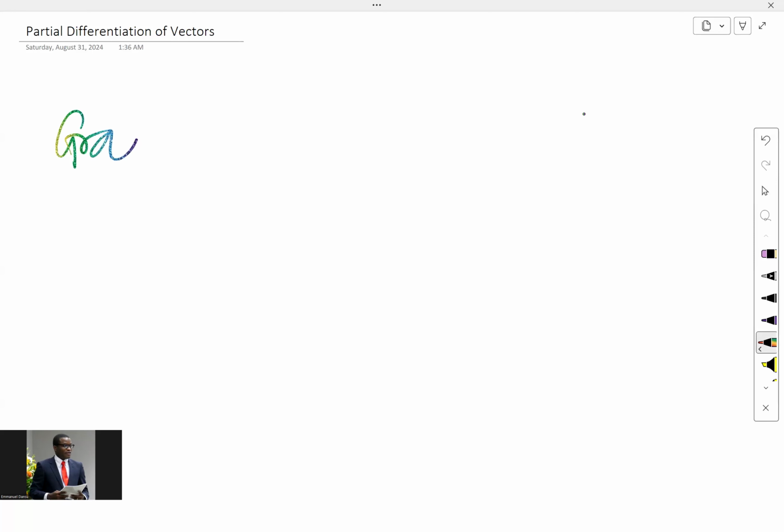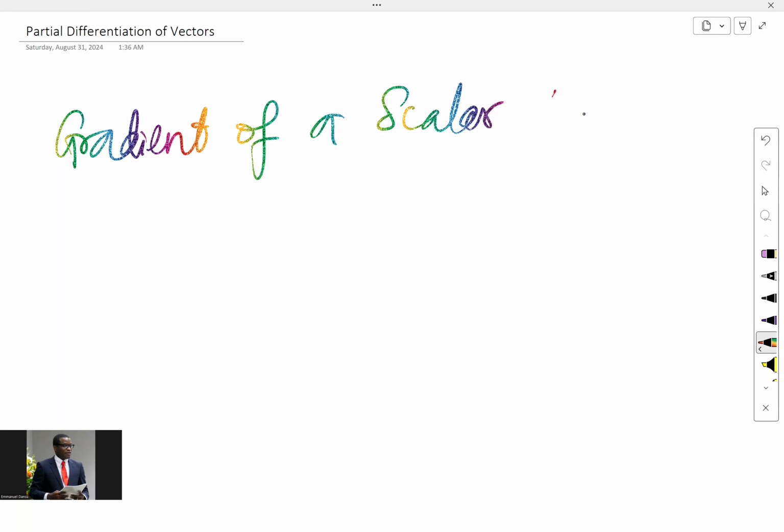Let's start with the gradient of a scalar field.